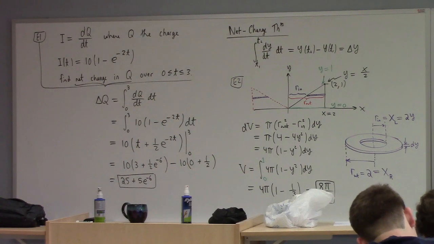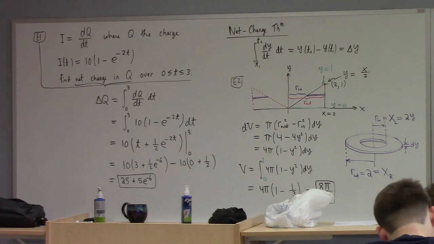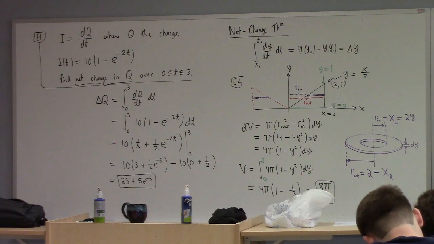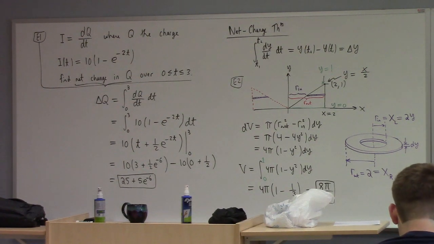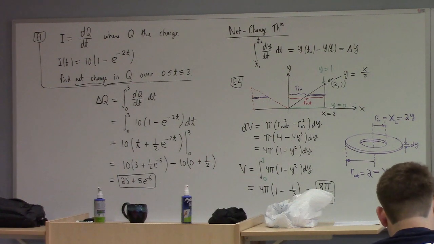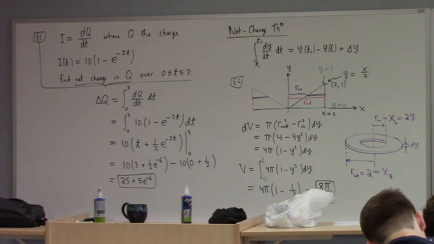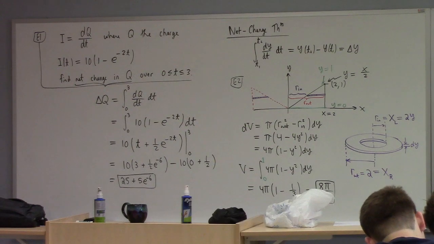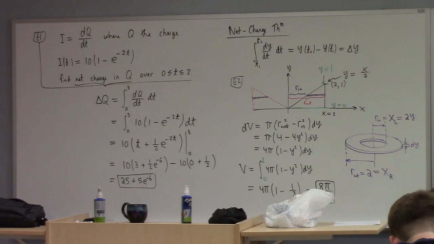Let's rotate the area bounded by y equals sine x, by sine x and x equals 2 pi and 3 pi and the x-axis, about the y-axis. Find the volume.